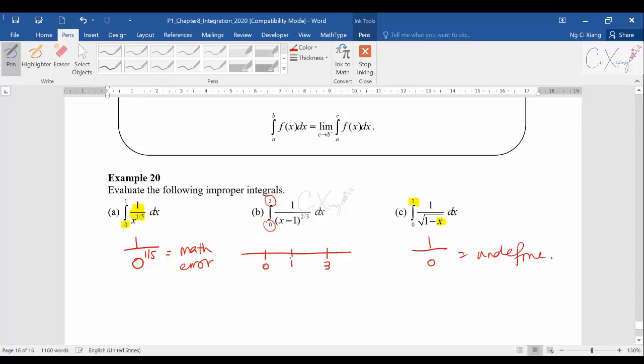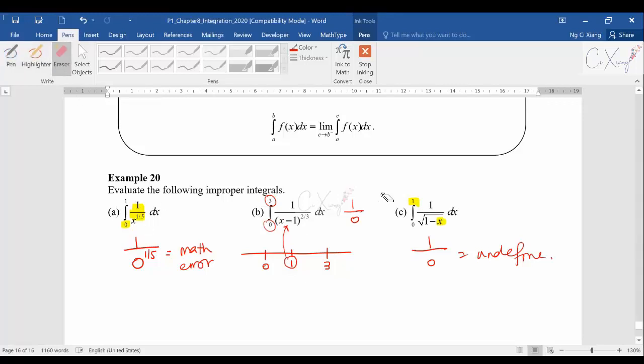If you substitute this value 1 into the function, 1 divided by 1 minus 1, you get a 0, so now you're having 1 over 0 also. Again, it is an undefined case. So this is the reason why we put these 3 parts of integration under improper integral. So you need to double check for this kind of question. You need to be careful a bit.